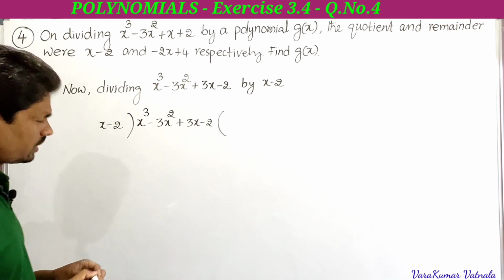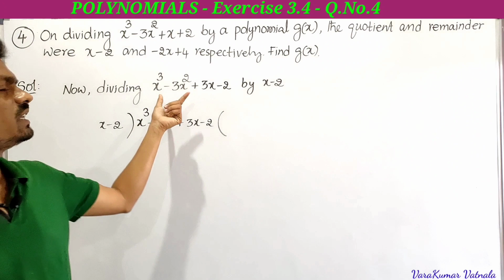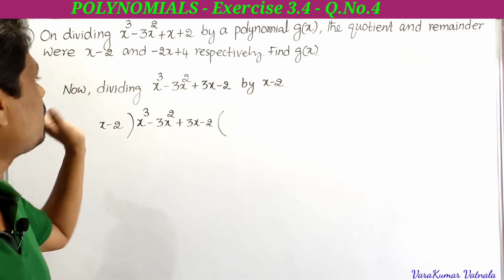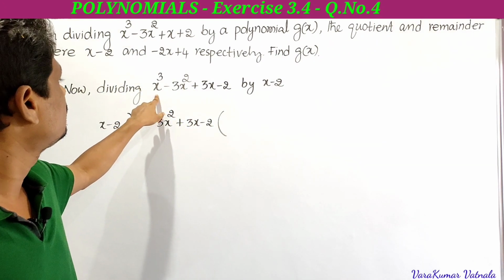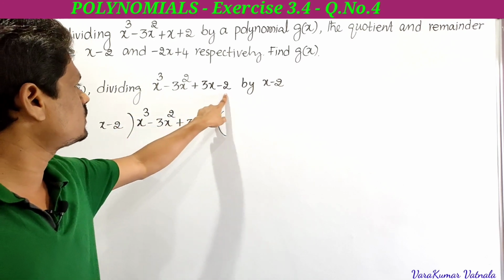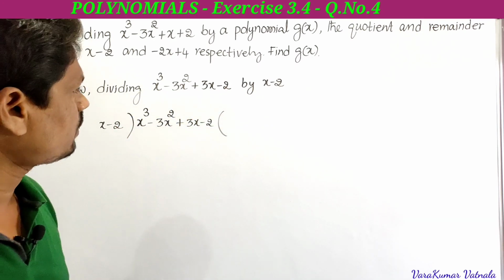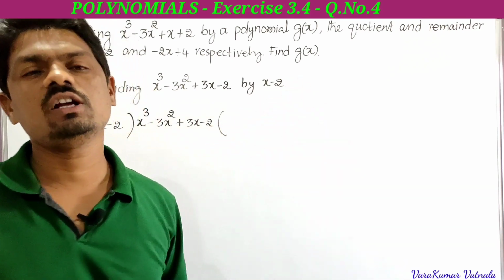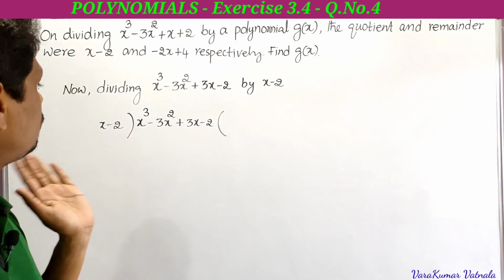Before that, I have to check whether these two are in standard form or not. For that, the powers should be in decreasing order. 3, 2, 1, 0. Yes, it is in standard form. Here 1, 0. It is also in standard form. Now we can do division.